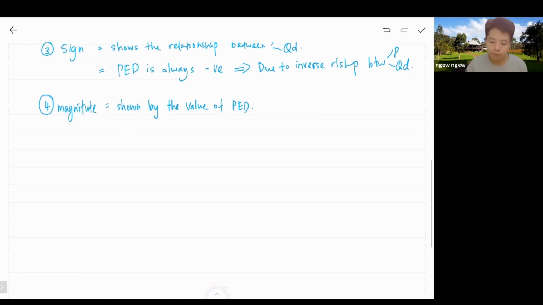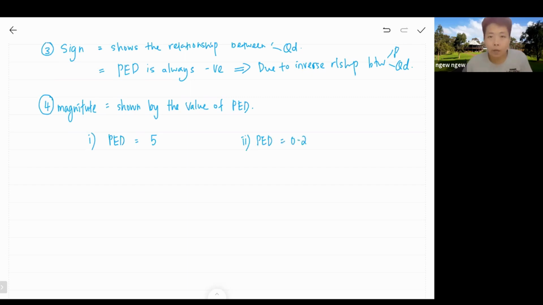For example, if I give you the first PED value equals 5, and the second PED value, PED equals 0.2.